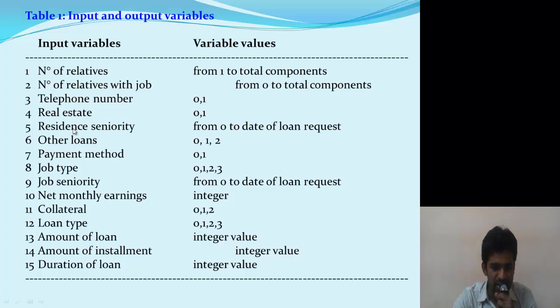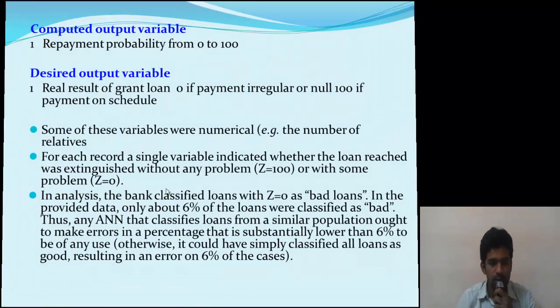The other input variables are real estate, residency seniority, other loans, payment method, job type, job seniority, net monthly earnings of the family, collateral, loan type, amount of loan, amount of installment and duration of loan. Most of the variable values are numerical.